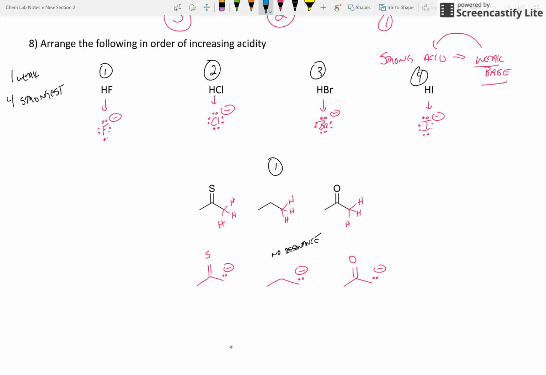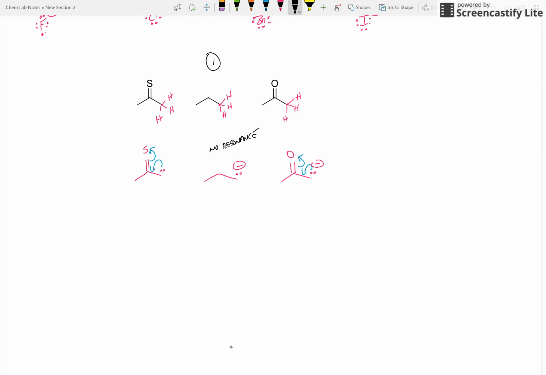Now let's draw some resonance. So we push that here, we push that here, we push that here, we push that here. Let's draw our products. Sorry, I meant to do that in color. Our blue pi bond, right?